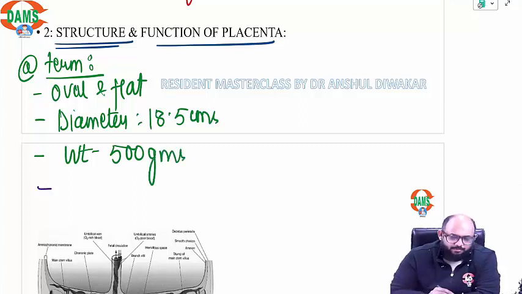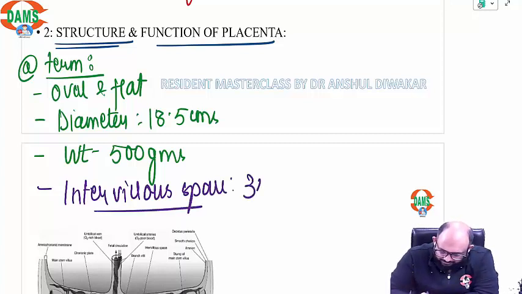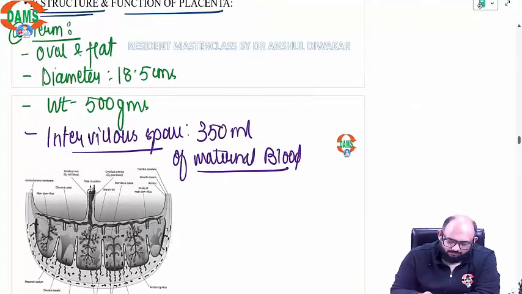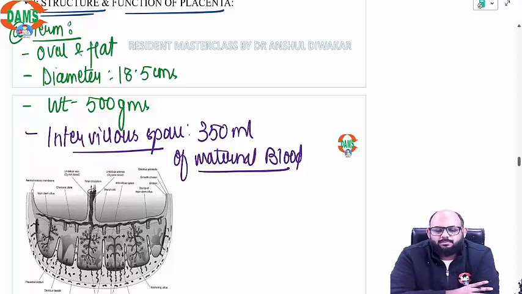And the most important part of placenta, the intervillous space, holds up to 350 ml of maternal blood.